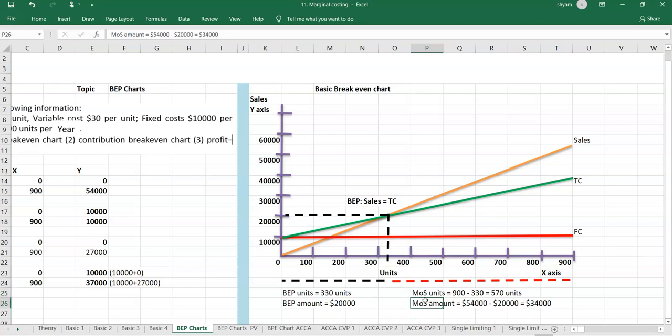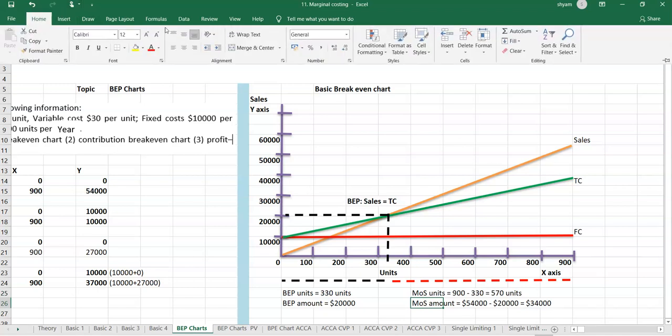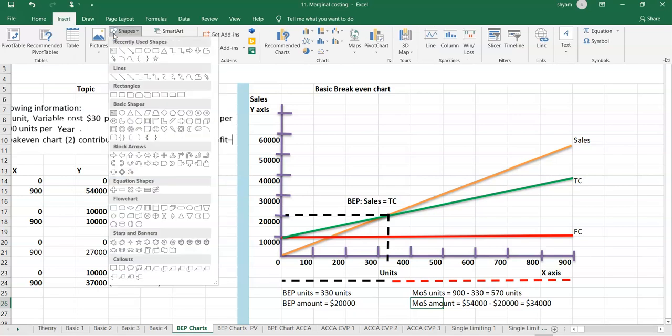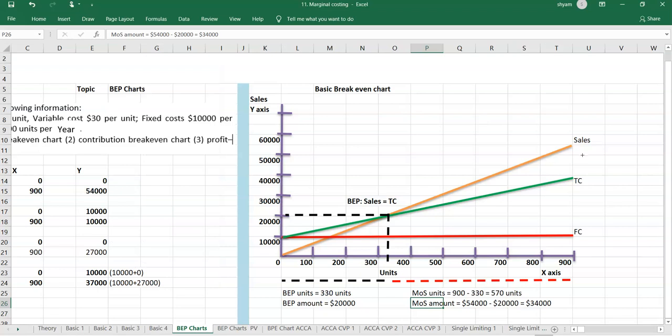Okay, so that's about these two parts. And where is our profit? The profit seems to be the most important element here. We can also find out profit. We don't want to draw lines anymore. We'll put boxes. Any part beyond this BEP is profit.